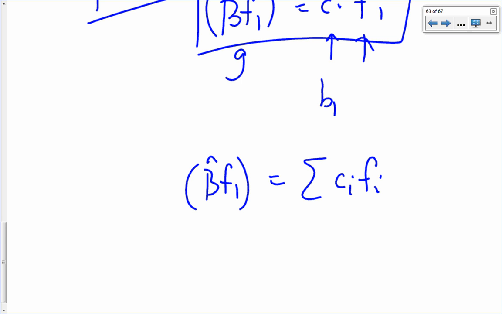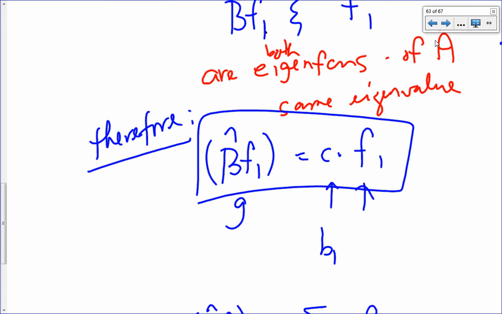You'd be able to show it's possible to select from those functions a common set. So not every one of these is going to be an eigenfunction of B, okay? But it's possible to select one of these particular linear combinations as also an eigenfunction of B, and you can make that part of the common set, okay?